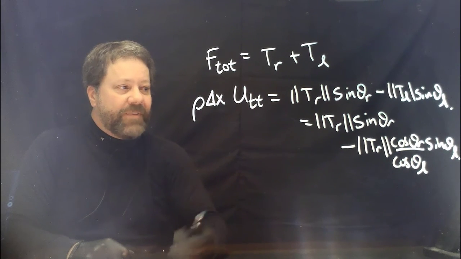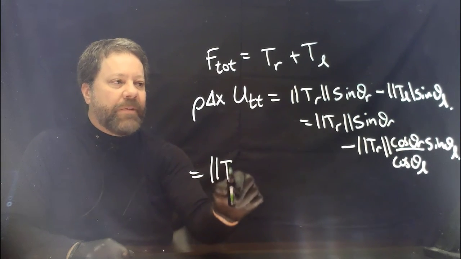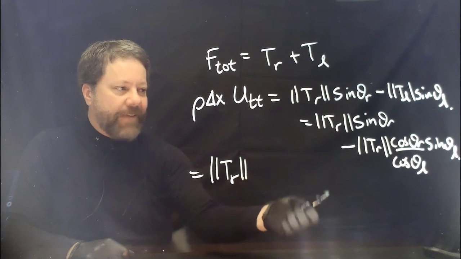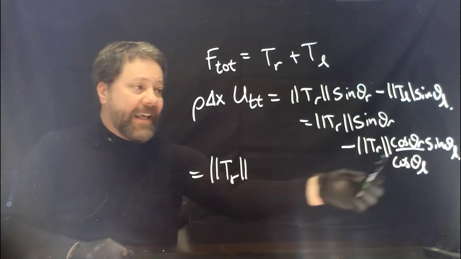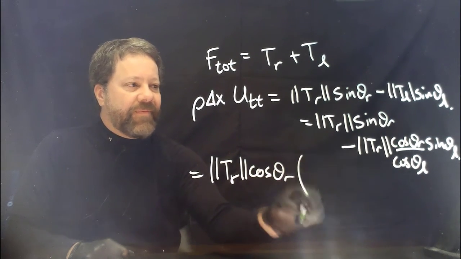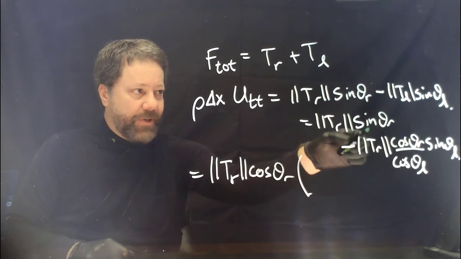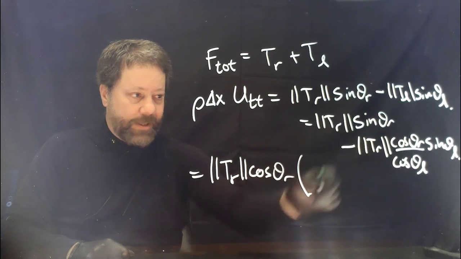At this point, we can make some factorizations on that right-hand side. In particular, the norm of the tension on the right can be factored out, as can the cosine of theta on the right. When we do that, we have to divide by cosine of theta on the right here as well.